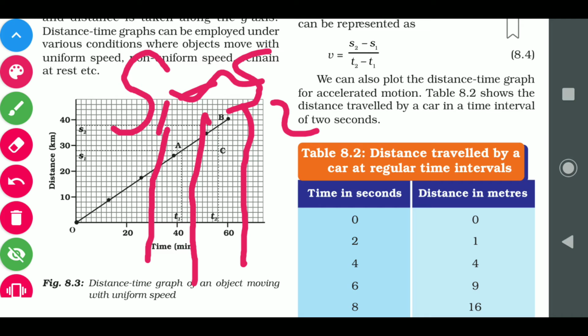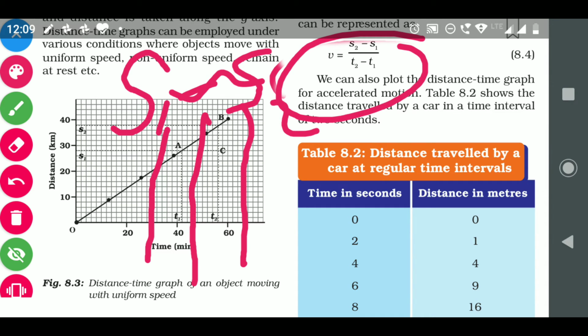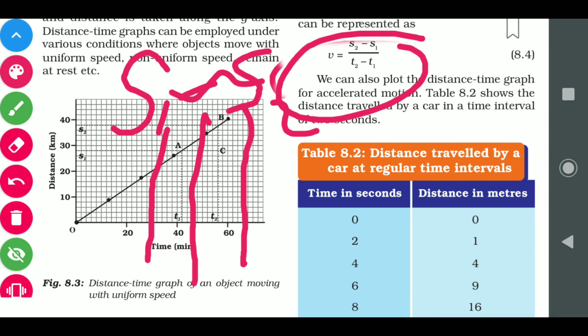So velocity will be (s2 minus s1) divided by (t2 minus t1). That is the distance traveled during the time interval divided by the change in time. We can easily calculate this using the graph.